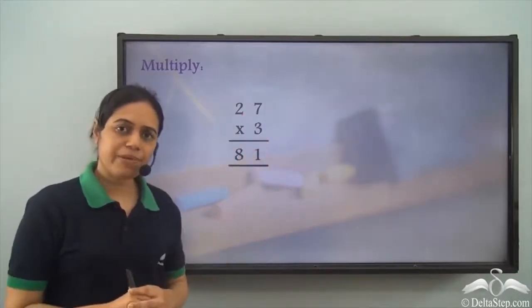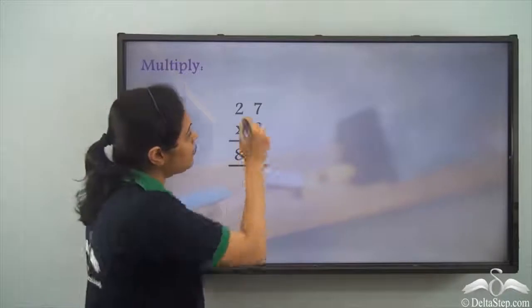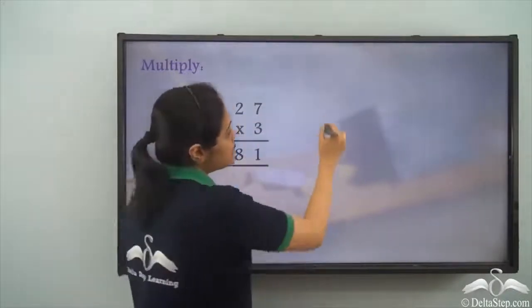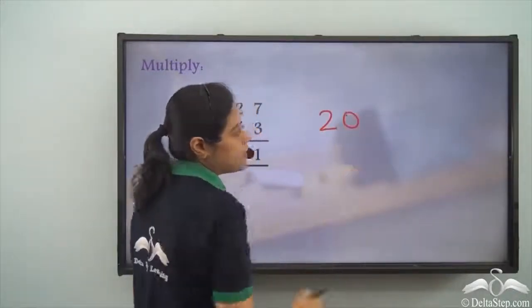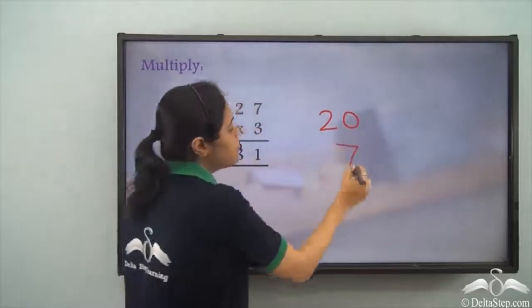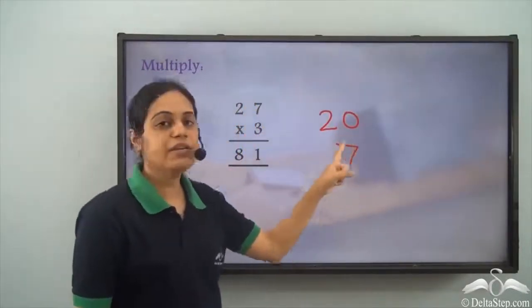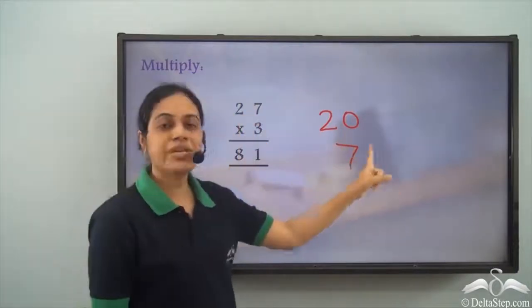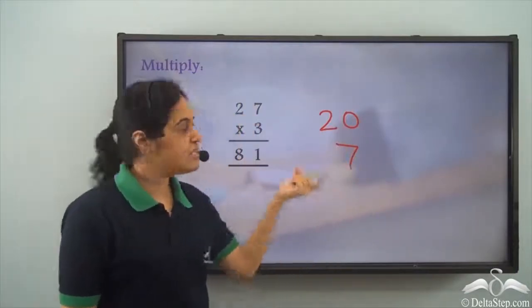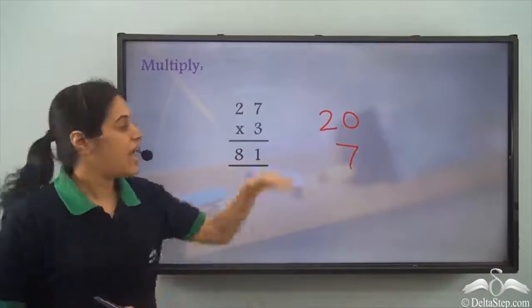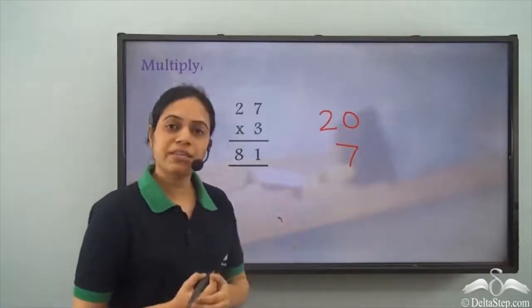But why is this happening? Let us see. 27 means 20 plus 7, because I have 7 ones. So 7, 2 tens, so 20. If I add 20 and 7, I get 27. And I am multiplying these by 3.